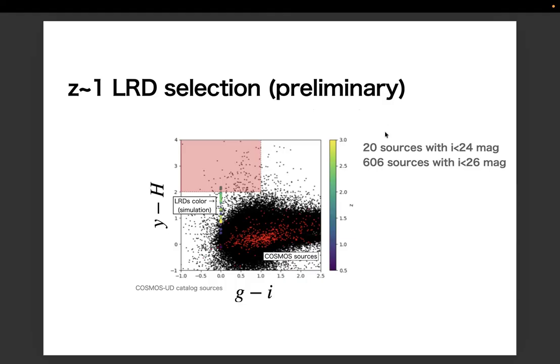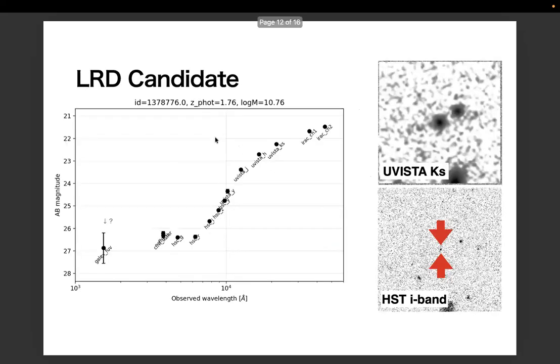The number of sources is around 20 at bright magnitudes, brighter than 24 magnitude, while there are 606 sources in this slightly fainter range. This is a preliminary result, so I just looked at the SEDs. They have many photometry bands, so I looked at all 606, and I found some good candidates. So I show you a good one.